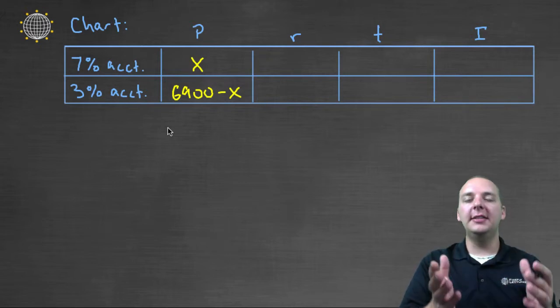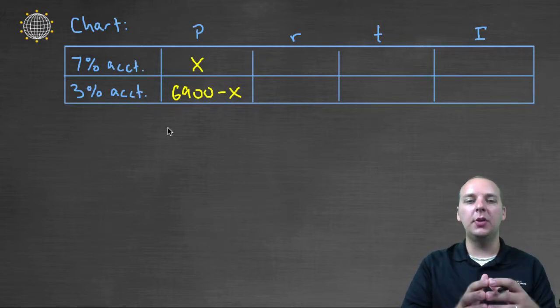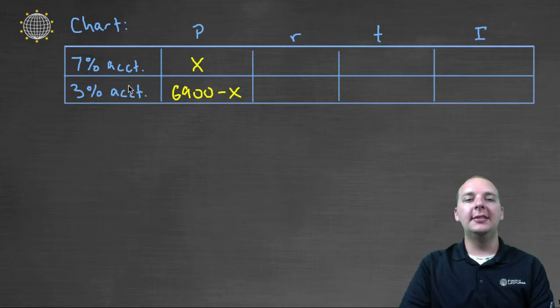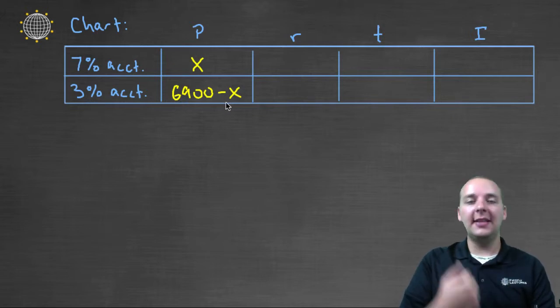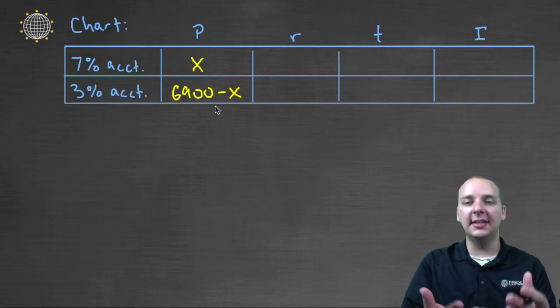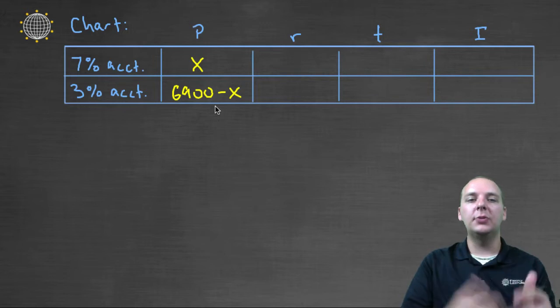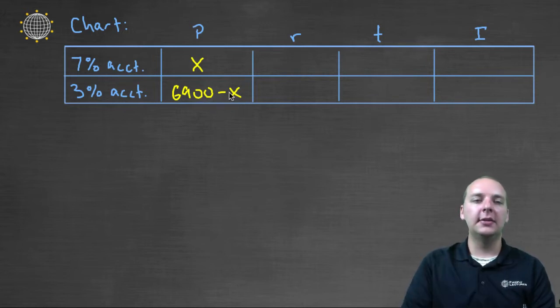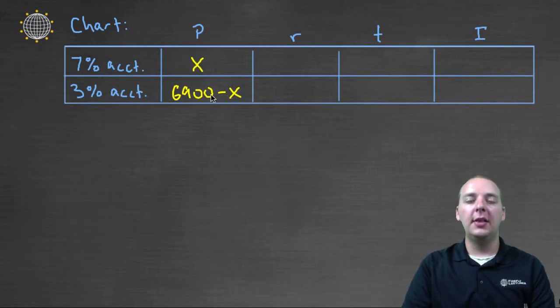So just for easy math, I'm not saying these are the actual numbers, but let's just pretend in the 7% account, maybe she invested $900. Well, then that means in the 3% account, it must be 6,900 minus that $900, which would be just 6,000. Now, I'm not saying those are the correct numbers. I'm just saying that's why you can put $6,900 minus X, minus the amount from the 7% account. And the math will work out a lot easier when it's done like this because you have less variables.